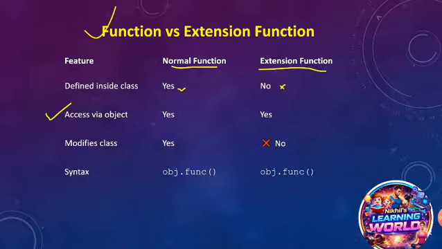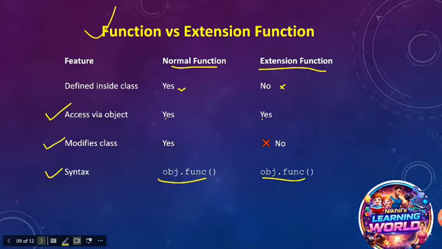We always have to write the extension function outside the class. Both an extension function and a normal function are accessed with an object, and the syntax is object.function(). So the syntax is the same when we compare a normal function to the extension function.